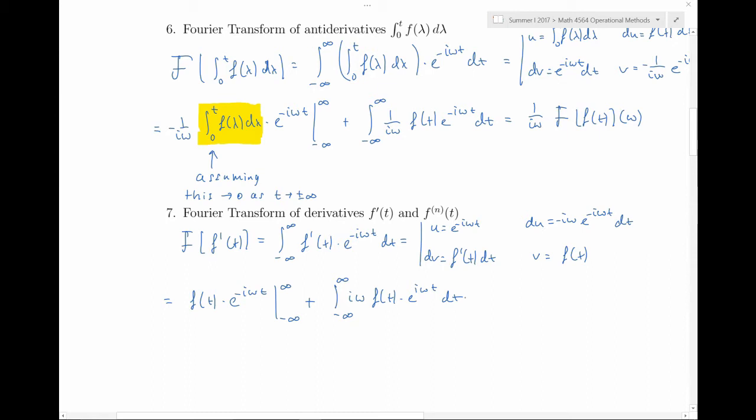And just as in the previous discussion, we assume that f of t is a nice function from the space L2 that converges to 0 at both ends. Then the only thing that's left is the integral component, which is basically the Fourier transform of f.